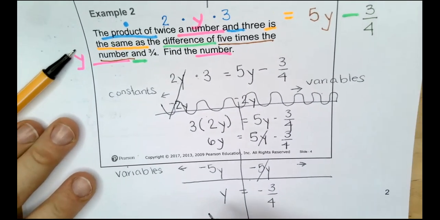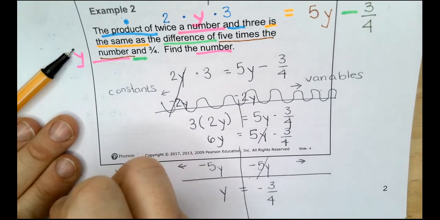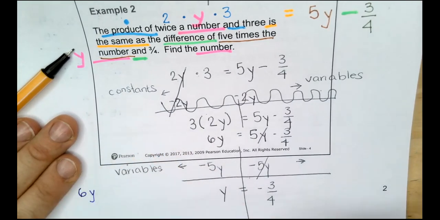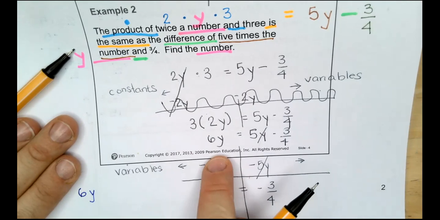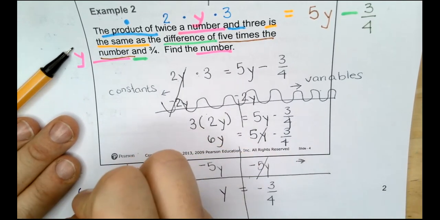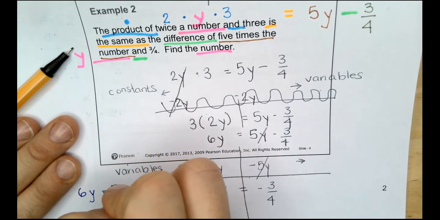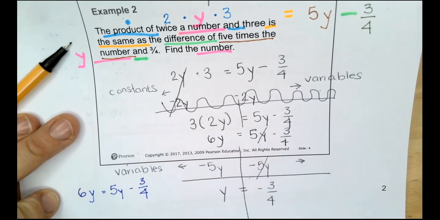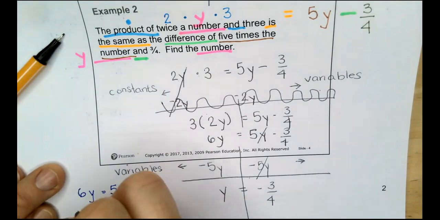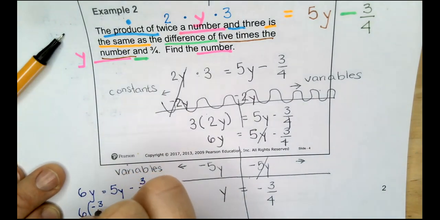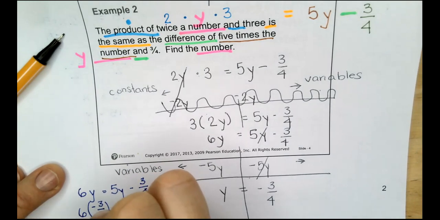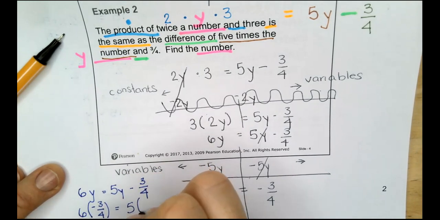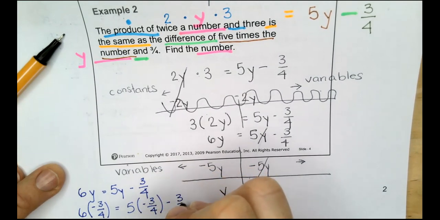Now, how do I check that negative 3/4 is the right answer? My final equation was 6y equals 5y minus 3/4, and I say y is negative 3/4. What you want to do is replace y. 6 times negative 3/4 is equal to 5 times negative 3/4 minus 3/4.